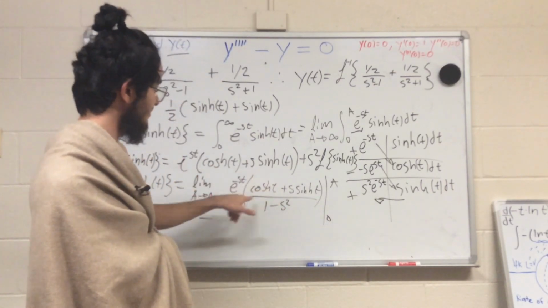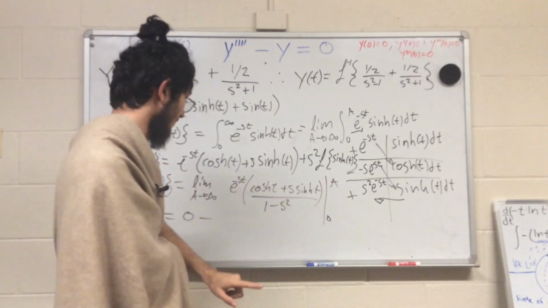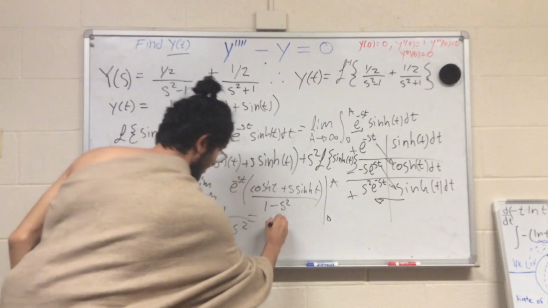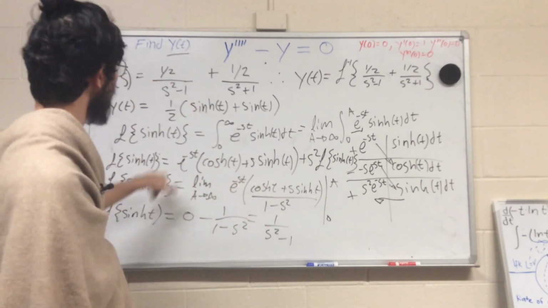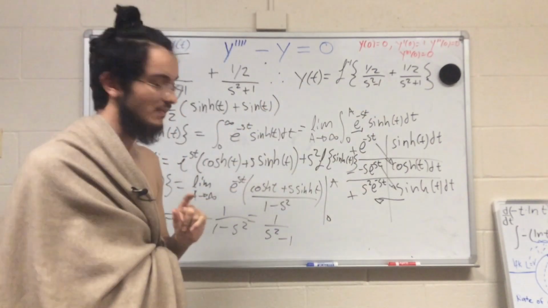We substitute t by 0: e to the 0 is 1, cosh of 0 is 1, and sinh of 0 is 0. So we get 1 over 1 minus s squared, which is nothing but 1 over s squared minus 1. Essentially, the Laplace transform of sinh is here. So we take the inverse Laplace transform of this, and we get sinh.